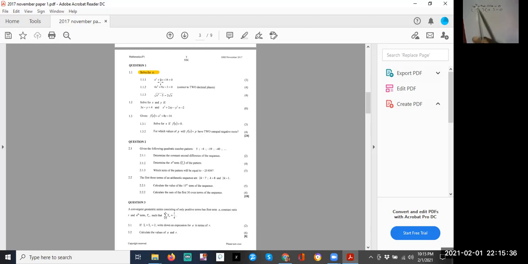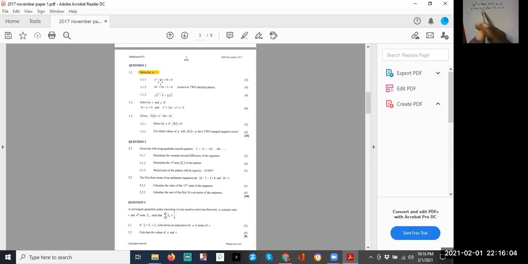Now we come to the factors. The factors of x squared here are x and x. And the factors of 14 that, when added together, give you 9 will be 2 and 7. Now, from here, guys, you equate each and every factor to 0.